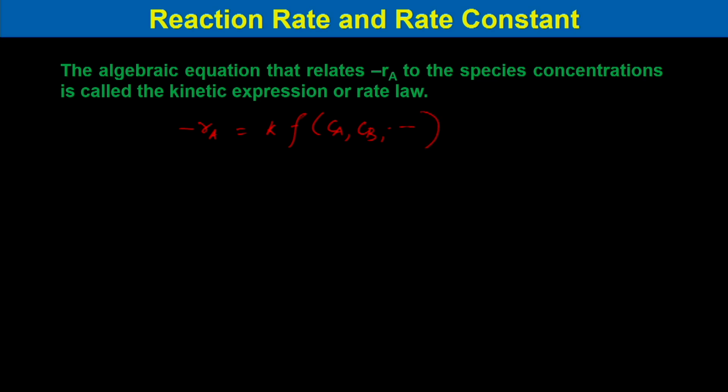The algebraic equation that relates minus rA to the species concentration is called the kinetic expression or rate law. In this case, k is the kinetic constant, also known as the rate constant.